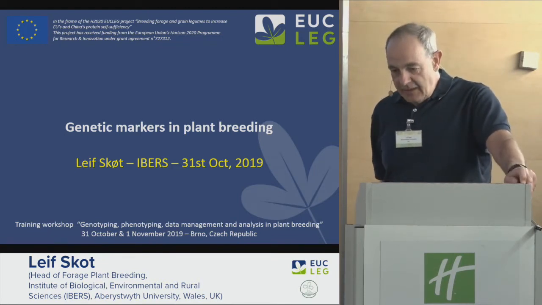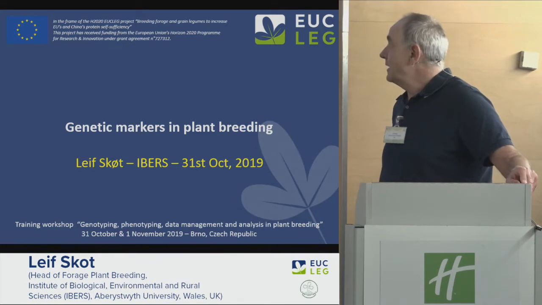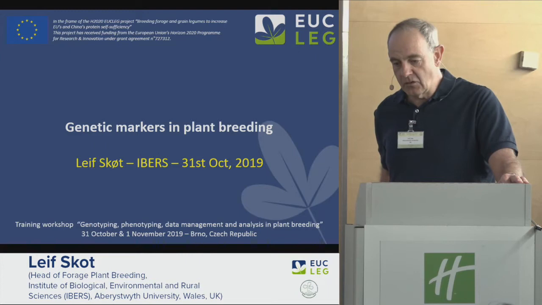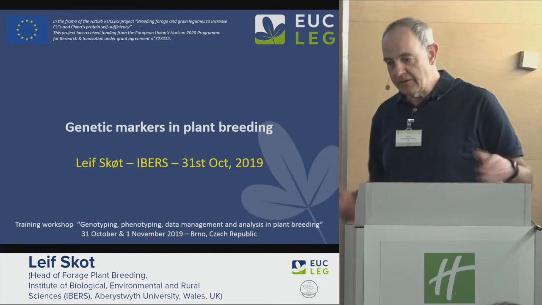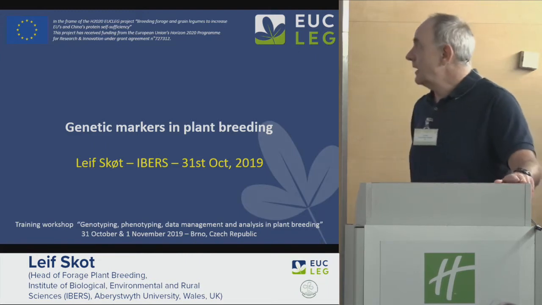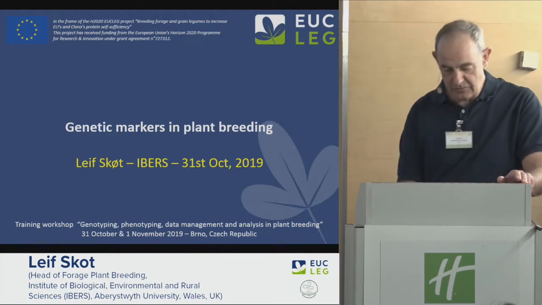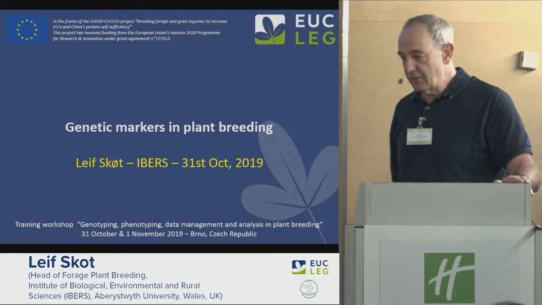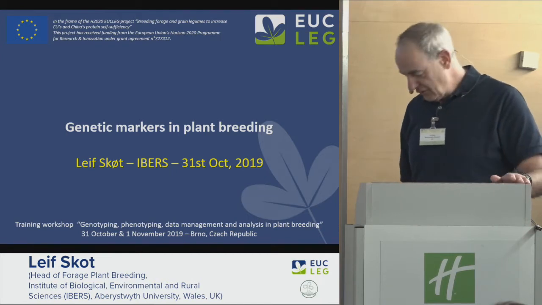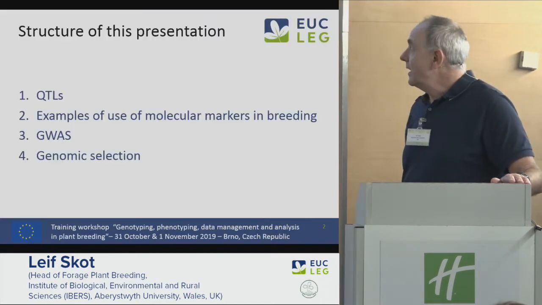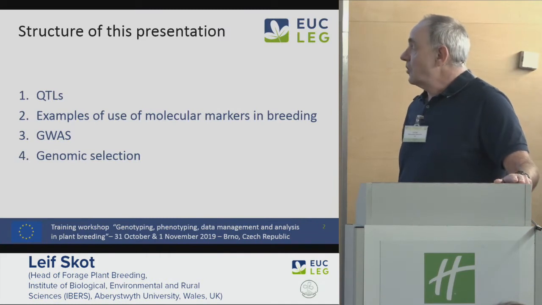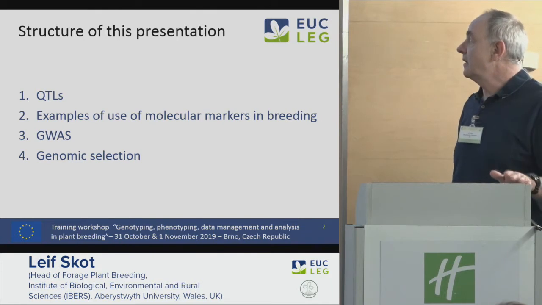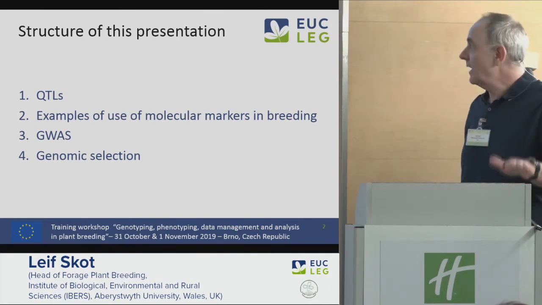I will go on to talk a little bit about genetic markers in plant breeding. It's going to be a little bit of a general talk, and I'm using some of the things that I've also used in a lecture I give at the university in Aberystwyth. You'll have to forgive me, some of it is too basic for you, but the structure of the talk will consist of these 4 main items.